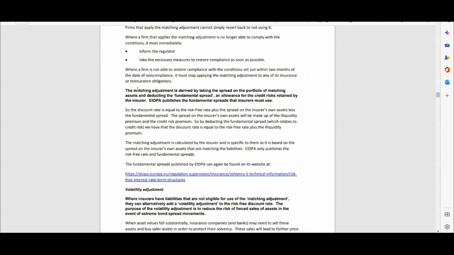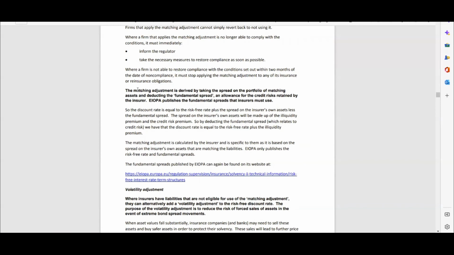And suppose it is for 10 years, then if you are holding a corporate bond, even for 10 years, the corporate bond will obviously give a high yield as compared to a government bond. Because you are holding a corporate bond, there might be a lot of volatility, but you do not need to sell the corporate bonds, right? Because there is no surrender value. So that's why you get an additional advantage.